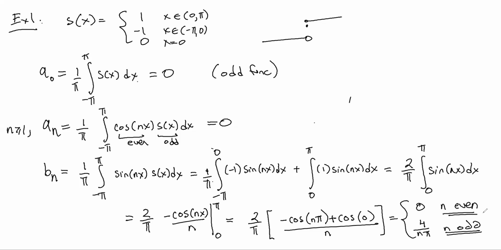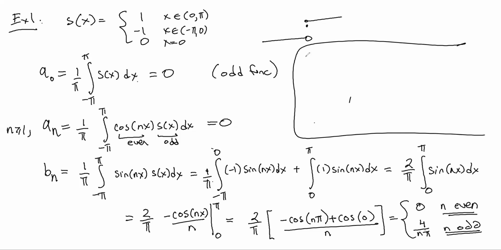So the conclusion of this whole calculation is that the Fourier series of this function s is equal to a bunch of zeros, and only the sines have coefficients, and only the odd ones.